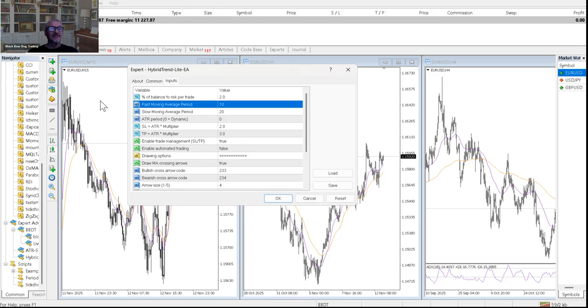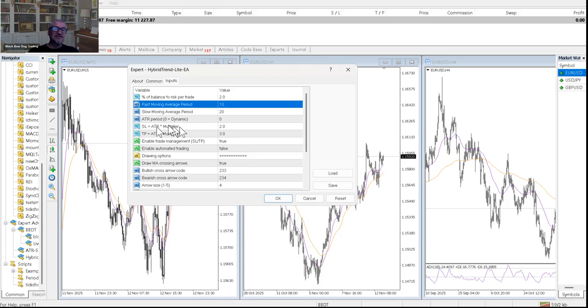Is it highly volatile? Is there a lot happening? Is it quiet? All that will determine what is the best ATR period to use. So leave it at 0 and you'll now have automatically adjusting ATR based on market conditions.